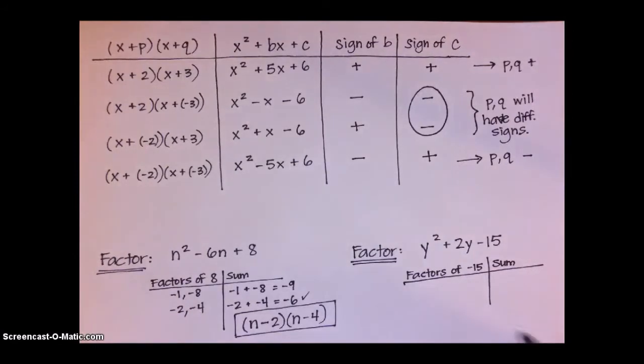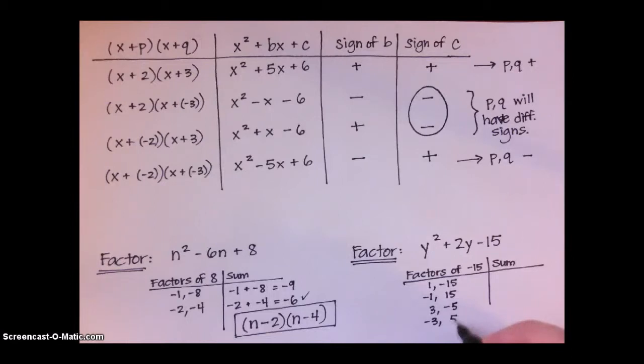Okay, so the factors of negative 15, let's see, I could have positive 1 and negative 15, or I could have negative 1 and positive 15. Okay, those are easy. I could also have positive 3 and negative 5, or I could have negative 3 and positive 5. Okay, so I found my factors.